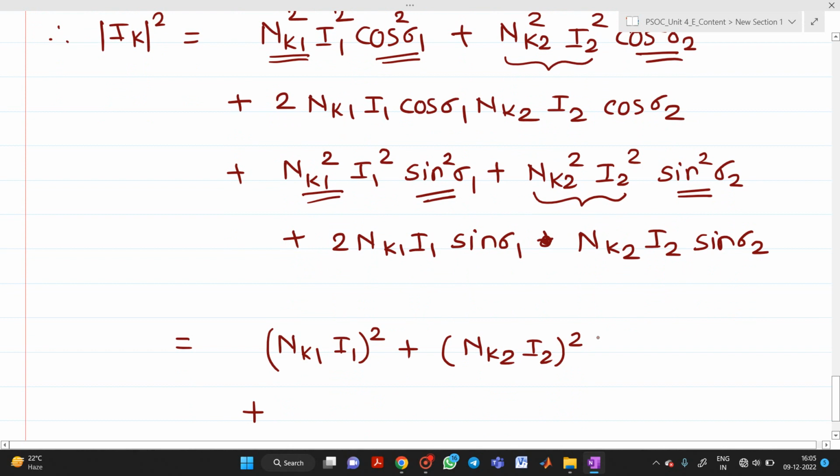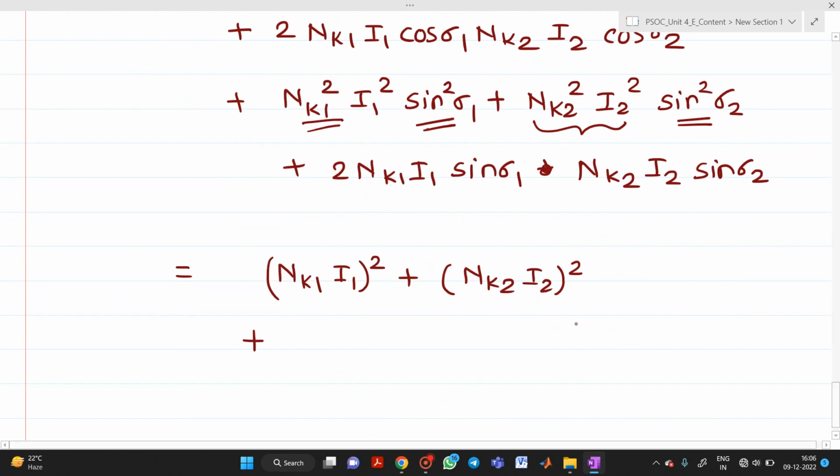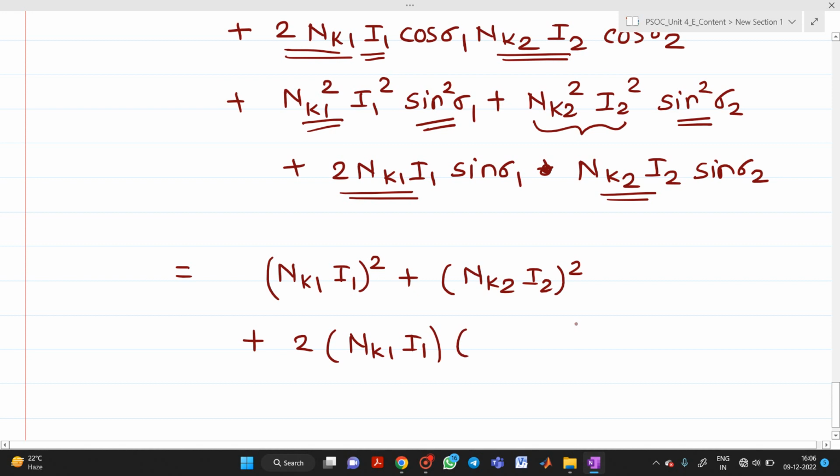Now the question is, what common things can I take here? 2 is common, nk1 is common, I1 is common, and nk2 I2 is common. So I will take it as 2 nk1 I1 into nk2 I2.